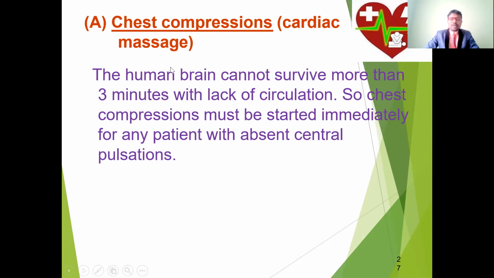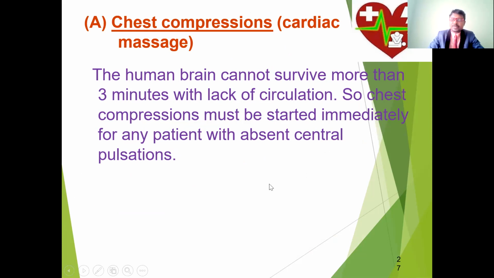Coming to the next one, the chest compressions. We have to give the chest compression over the cardiac, also called the heart region. This is called cardiac massage. The human brain cannot survive more than 3 minutes with a lack of circulation.